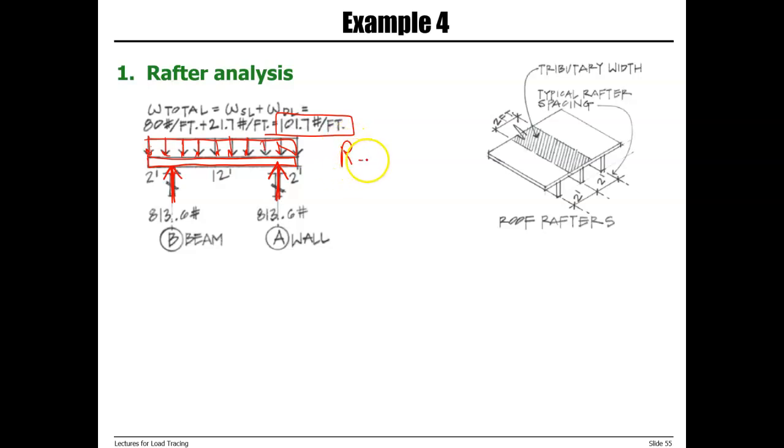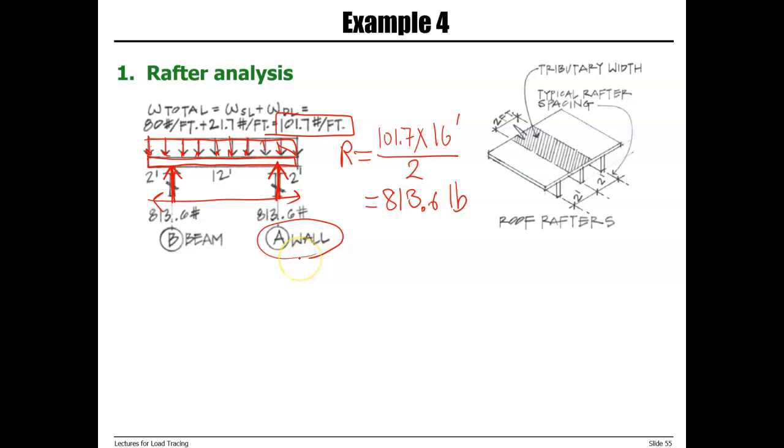We can calculate the reactions as load 101.7 times total length, which is 2 plus 12 plus 2, divided by 2. And this gives us 813.6 pounds. So on one side, this is the load transferred to the wall. The other side, the load is transferred to the beam.